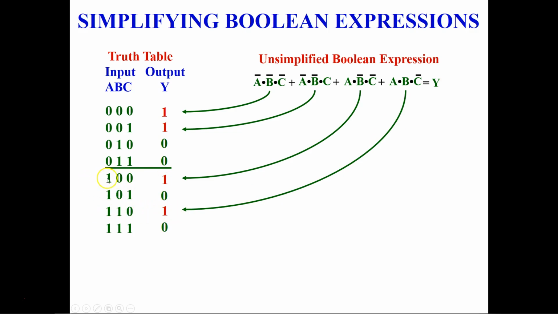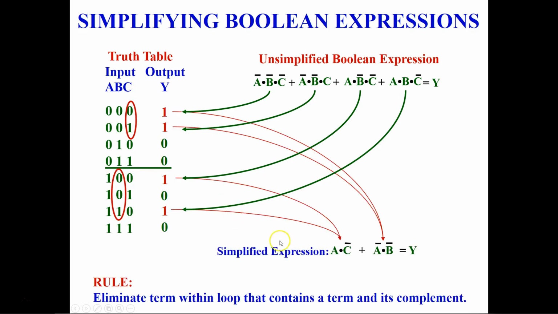Now if you see the common binary in these 2 cases, this is 1 0 0 and this is 1 1 0. You see that this one is common, and this C and this C is common. So we can take this as A, and then C bar for this one. Our expression is going to be A C bar plus A bar B bar.